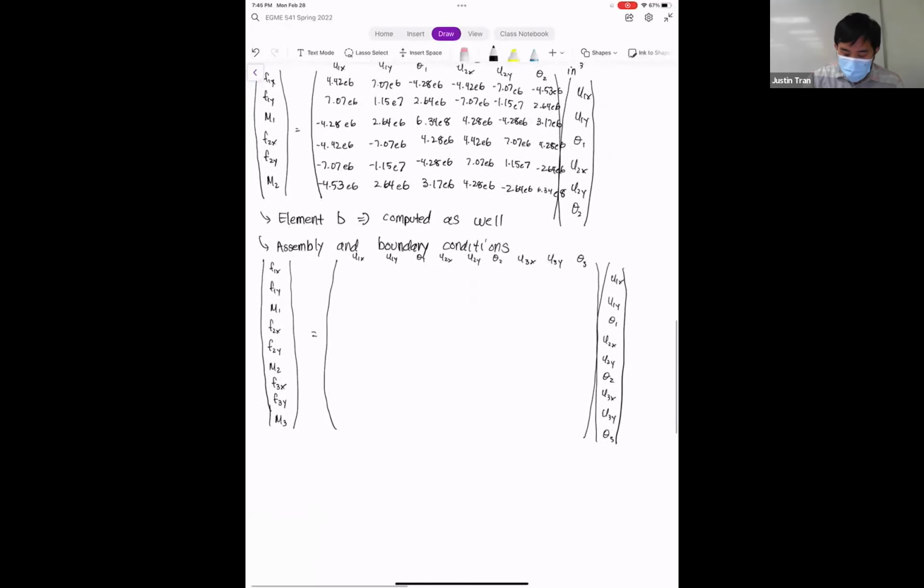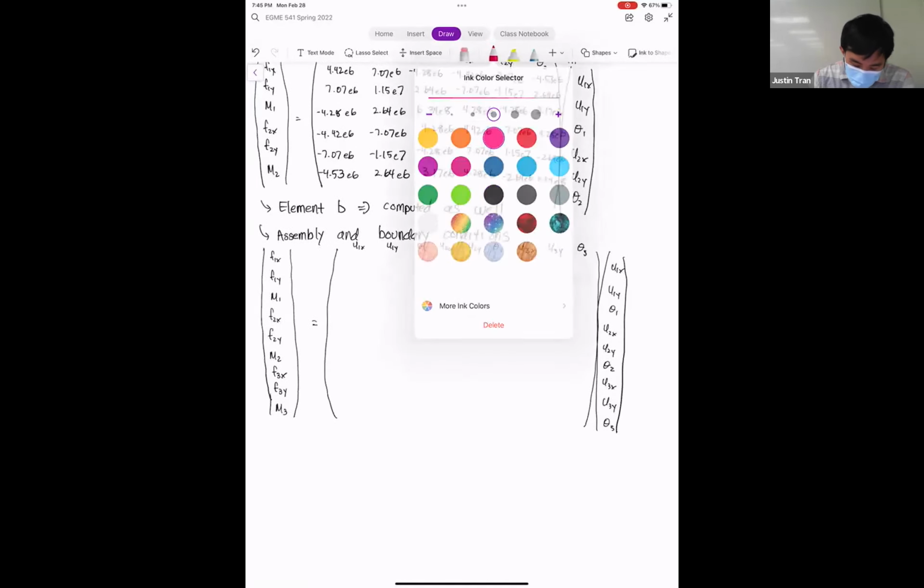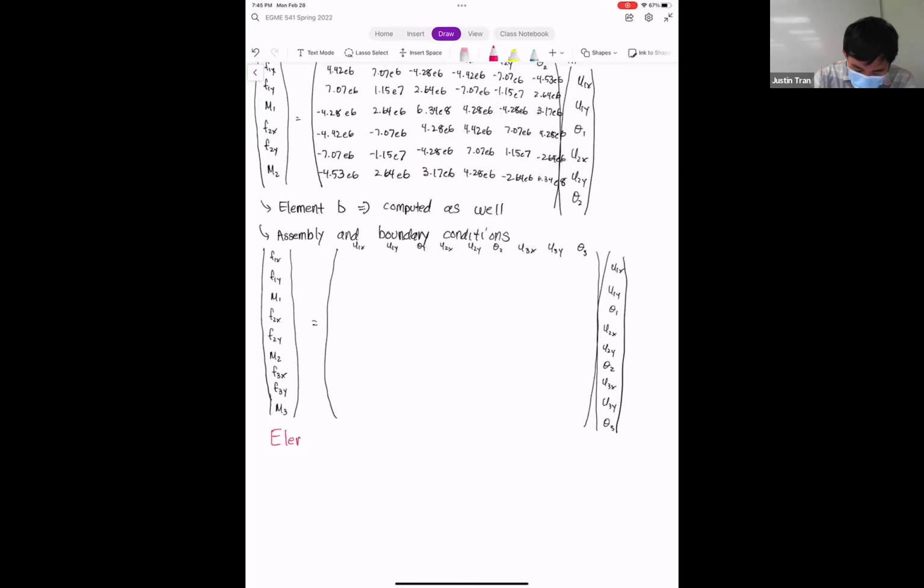All right, so there's our system. Let's get the assembly out of the way. Let me fill in the entries for element A and element B. Element A is going to be nodes 1 and 2, so that's going to be these entries right here. That covers that box there, all of the entries with nodes 1 and 2 associated with them.